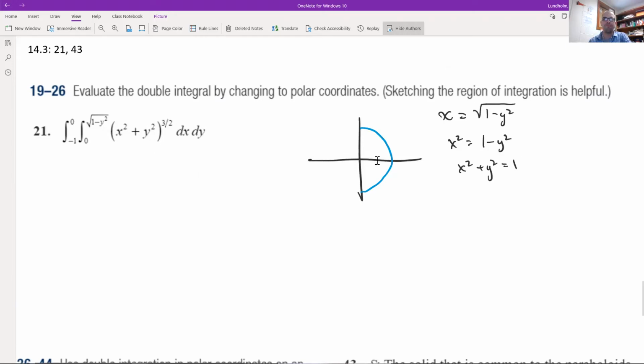So we're looking at the right half of the unit circle for the x boundaries. And then we're going from 0 to -1 in terms of our y's. So actually, instead of 0 to -1, yeah, we're only doing the bottom portion of this. Yeah, cool.